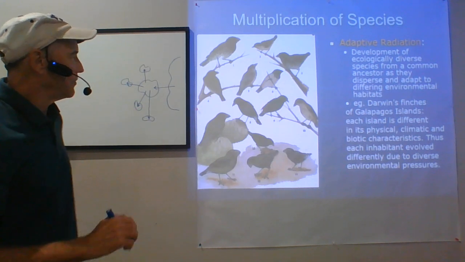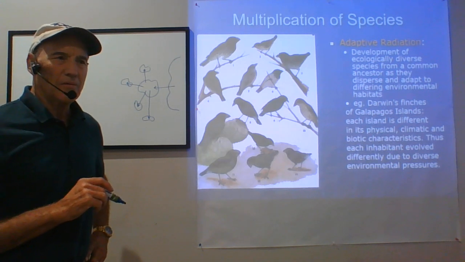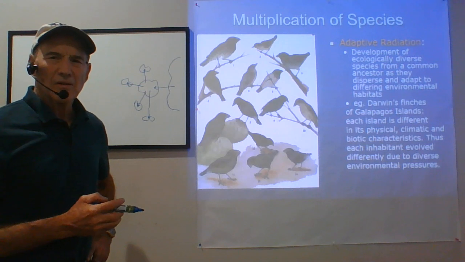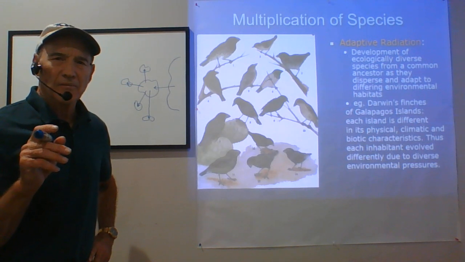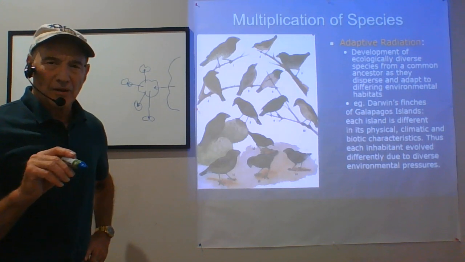On the surrounding islands, the finches were all a little bit different. He believed they were all finches, but this one's got a different beak than that one. This one's a different color than that one. He noticed those kind of things.